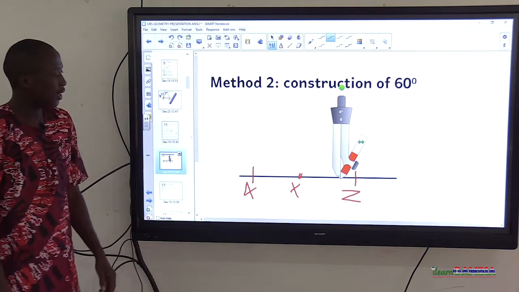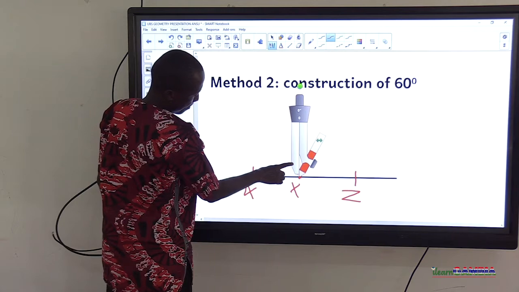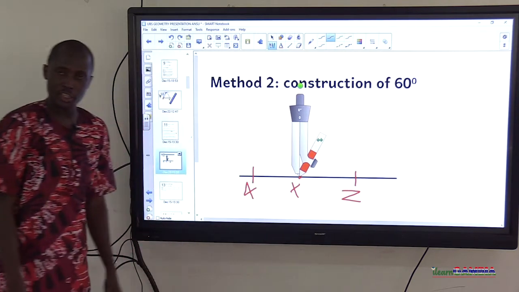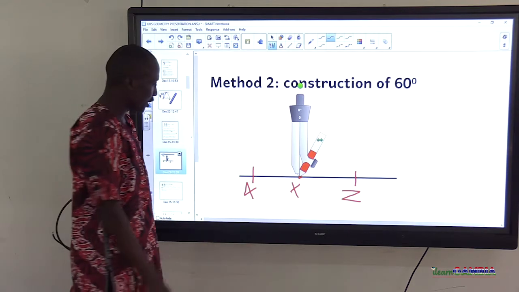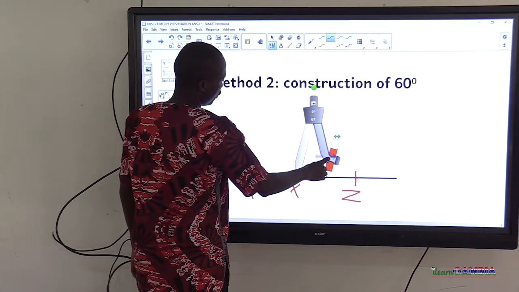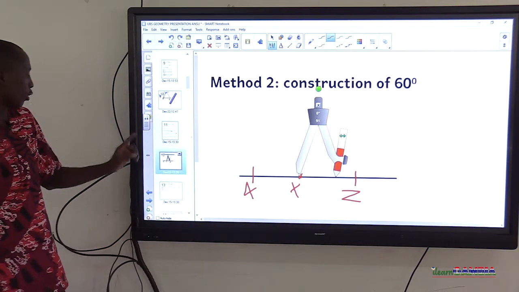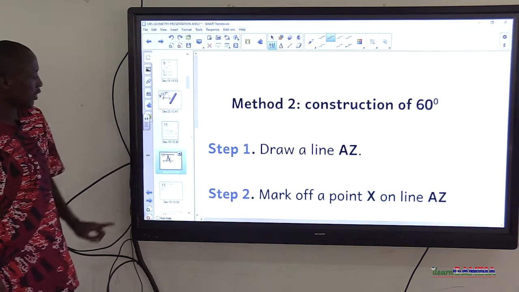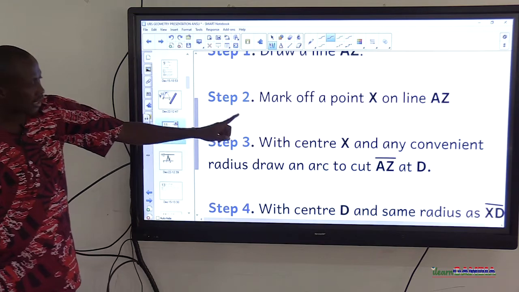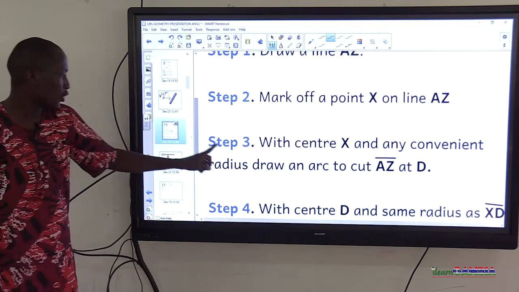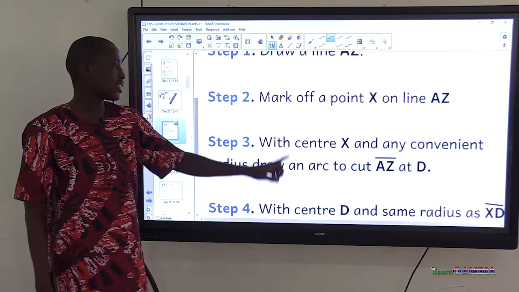What is the center? The center is X. We draw with a convenient radius. Maybe this radius is convenient for me, and that's what I'm going to use to draw my arc. What did it say? With center X and any convenient radius, draw an arc to cut line AZ at D.